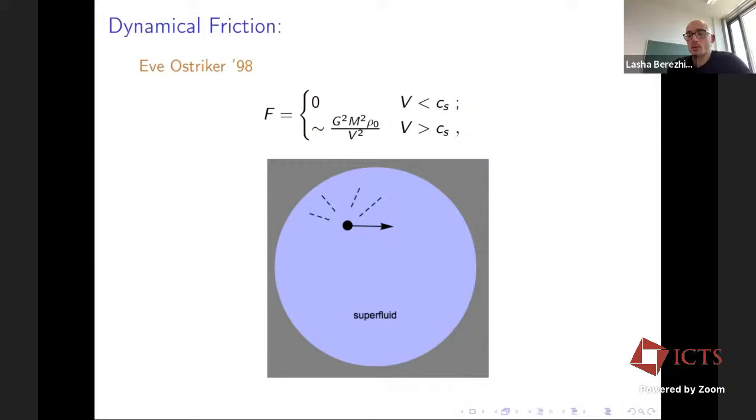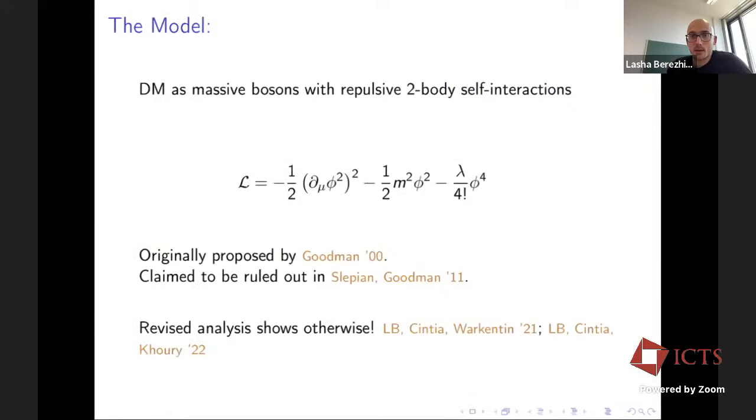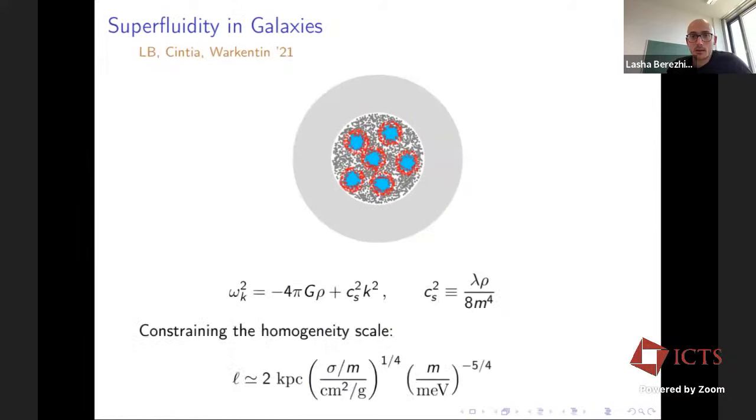So that's the point. Axions cannot give you a superfluid, because it comes from this dispersion relation, basically. In the case of repulsive interactions, which is what we are assuming, lambda being positive, the sound speed squared is positive.